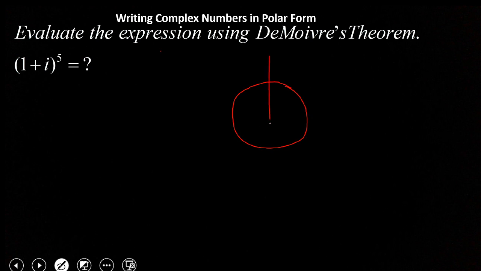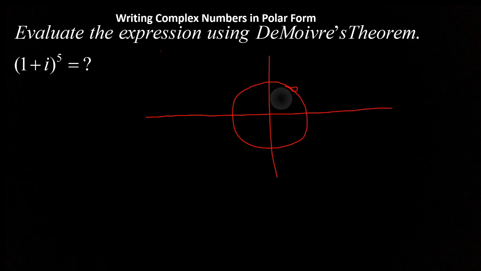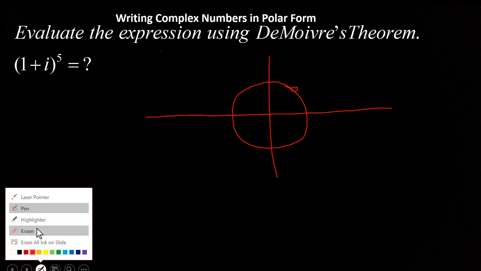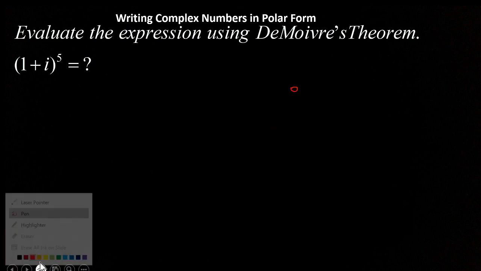So to convert it to polar form, we have to think of where 1 plus i is.